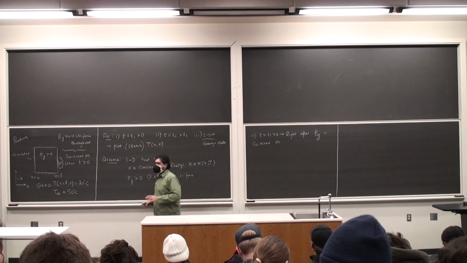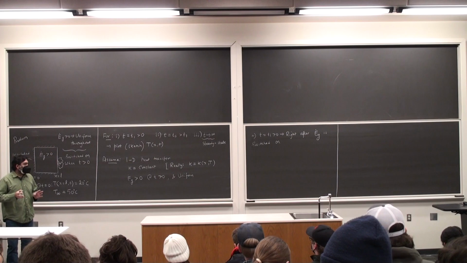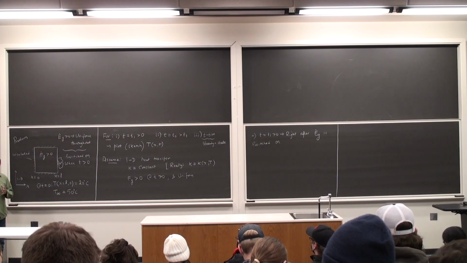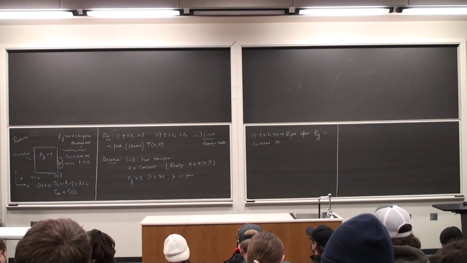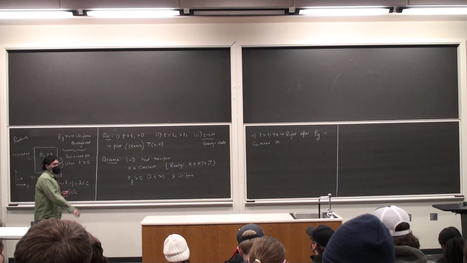So you can think that right after time is greater than 0, you're probably going to have some kind of a chemical reaction within the body. And this reaction is generating heat throughout the volume of this wall. Okay? So that's what this implies.